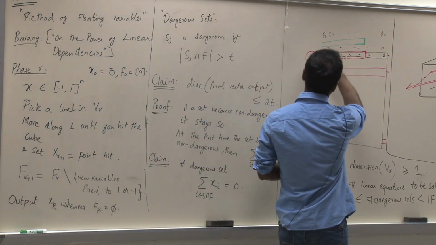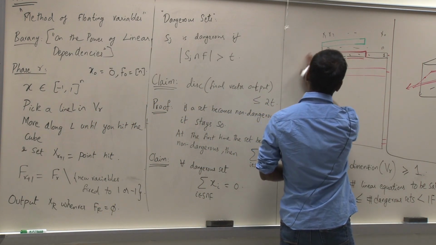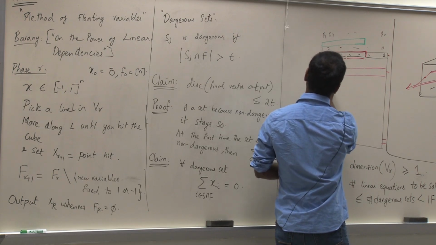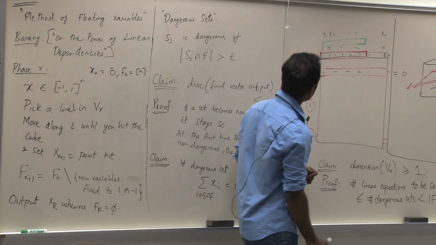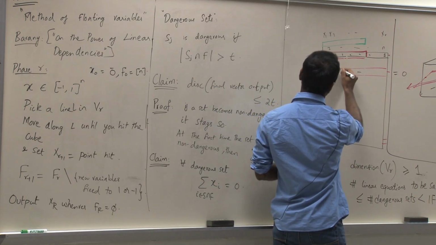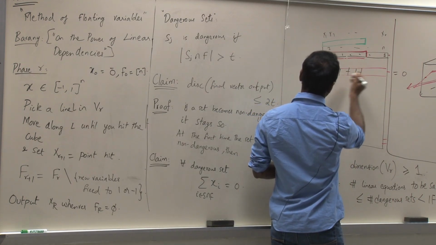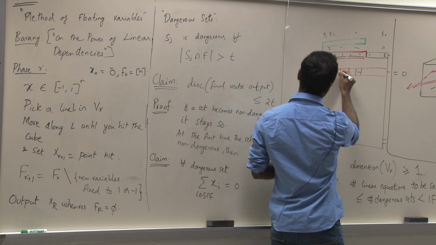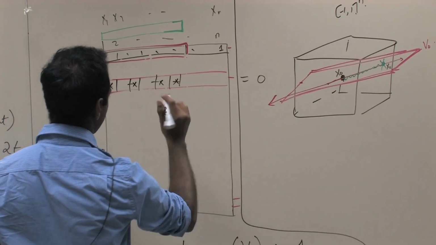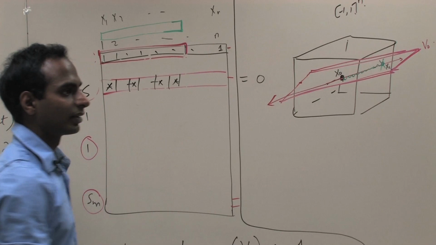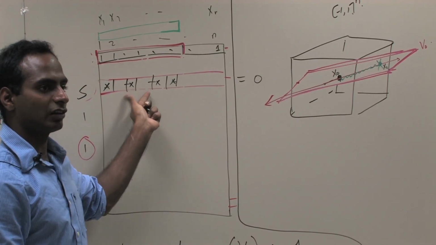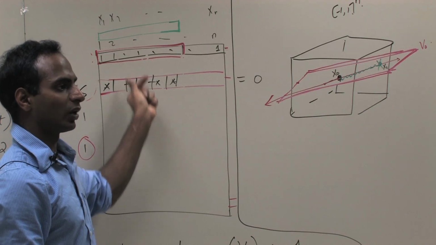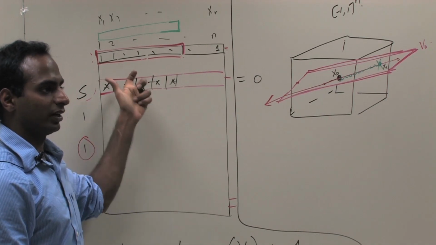So I know that the sum of everything here, let's say for example, is sum equals 0, and I'm fixing everything. Let's call the fixed ones x, okay. But there are some t elements here which I have no control over. They are still floating. They can go from 1 to -1 or -1 to 1 and so on.